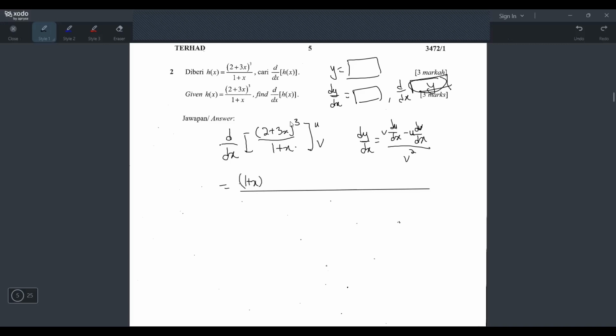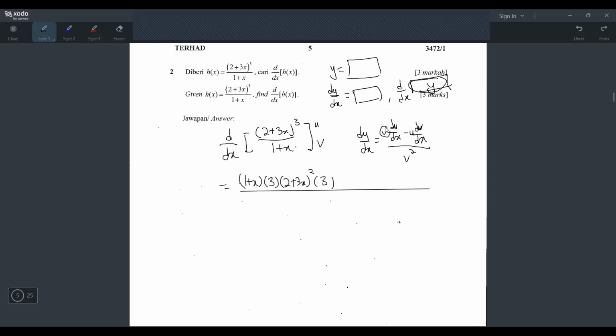Well, when you differentiate this kind of bracket power 3, the 3 you will bring in front, right? And the power goes down by 1, so it will be (2 plus 3x) power 3 minus 1. But don't forget to differentiate inside the bracket one more time, right? Because when you do like that, you always have to differentiate the inside bracket one more time and write it here. So differentiate 2 is 0, no need to write. Differentiate 3x is 3, so it is 3, right?